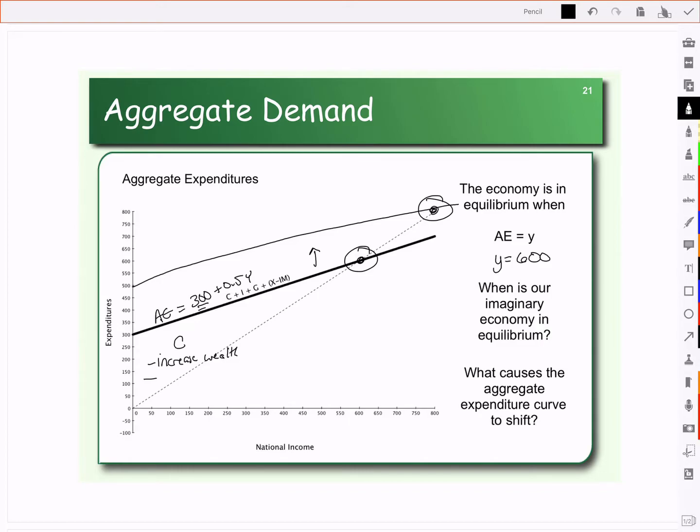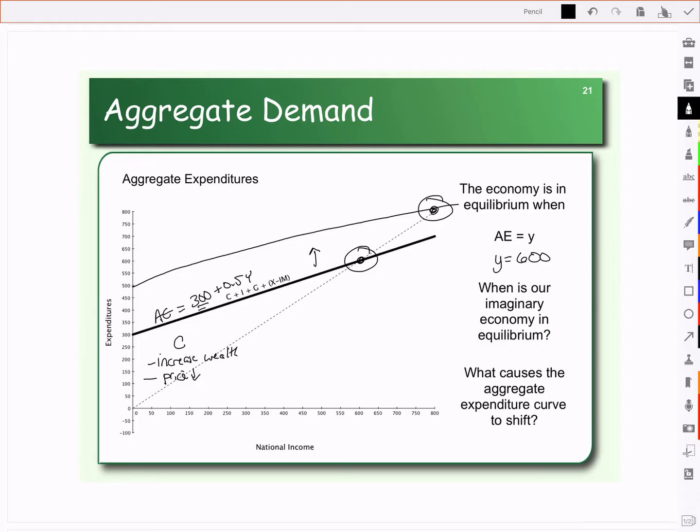Then we had our real balance effect. And the real balance effect looked at a change in price. Remember, if prices went down, then that meant the amount that we have in our savings account will go further, so we don't have to save as much. And if we don't have to save as much, we can spend more now.